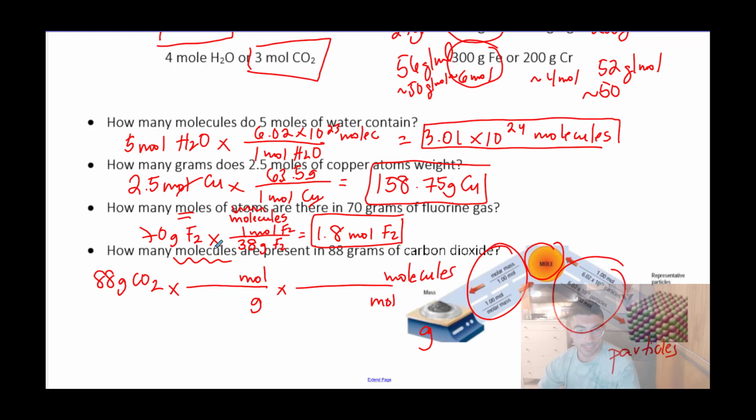So the molar mass of CO2, if we calculate, it's 44 grams for every mole. And then I know in each mole of CO2, there's 6.02 times 10 to the 23rd molecules. Make sure the units we don't want cancel. We're left with molecules. And if we calculate that, we get 1.204 times 10 to the 24th molecules of CO2.